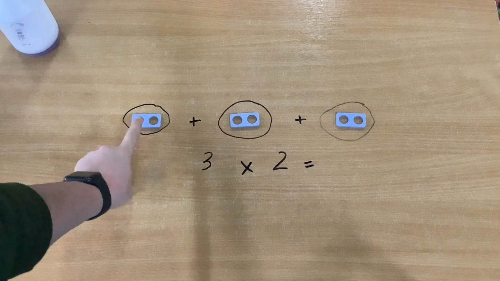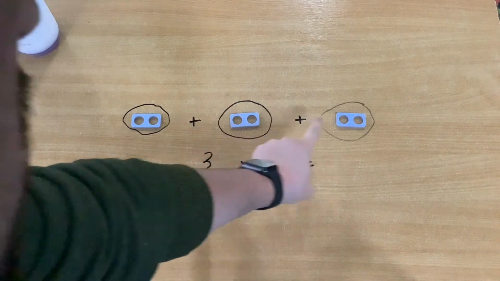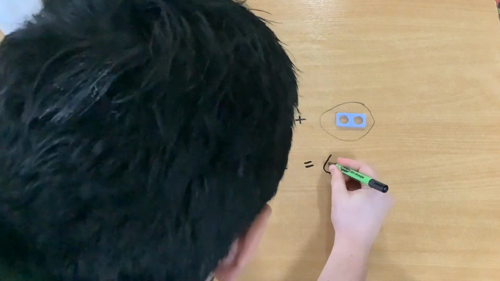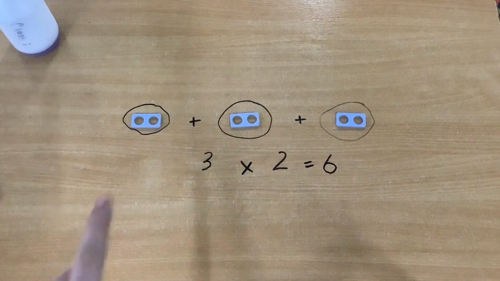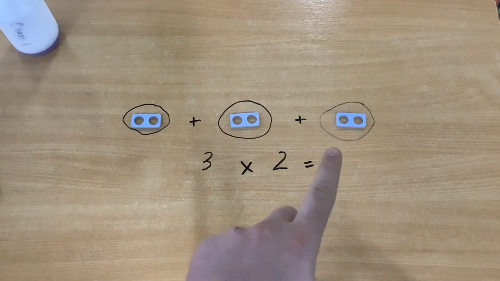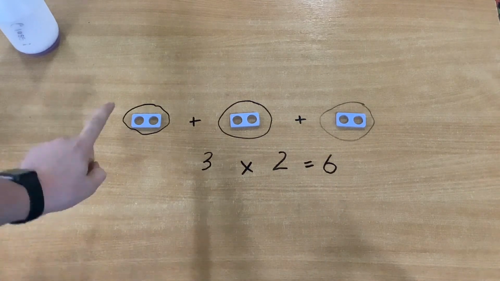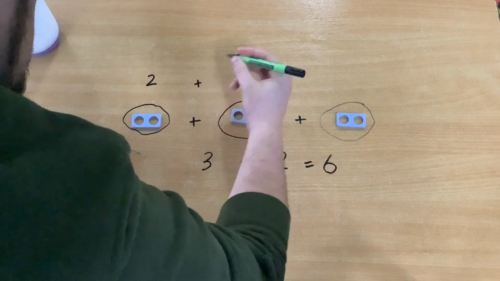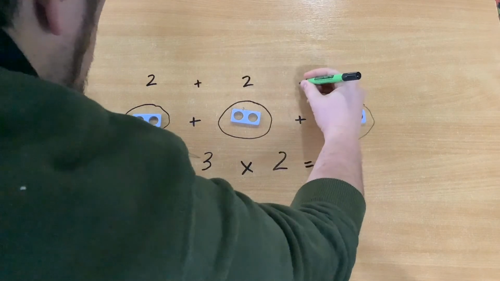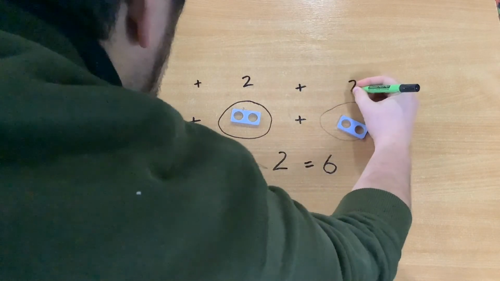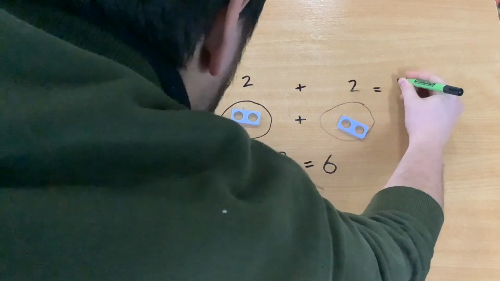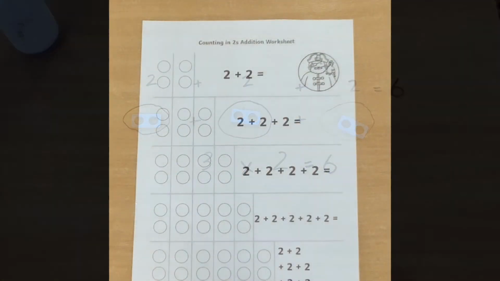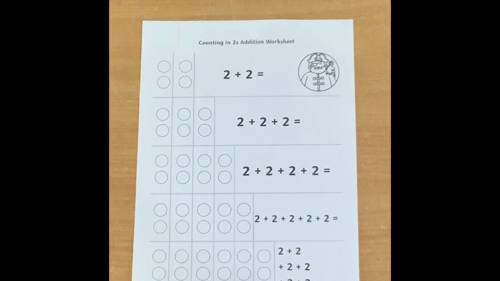So we go 1, 2, 3, 4, 5, 6. So we can see that 3 times 2 equals 6, which is the same as 2 plus 2 plus 2, which also equals 6.